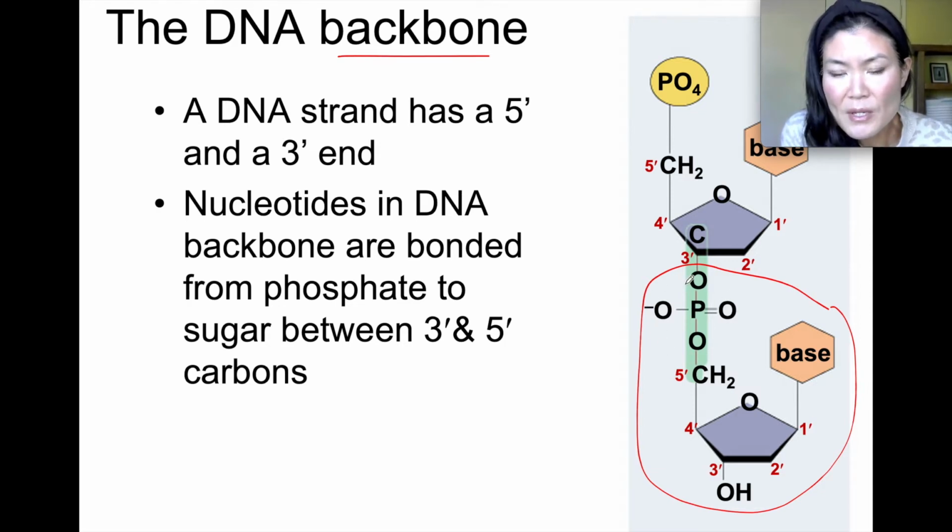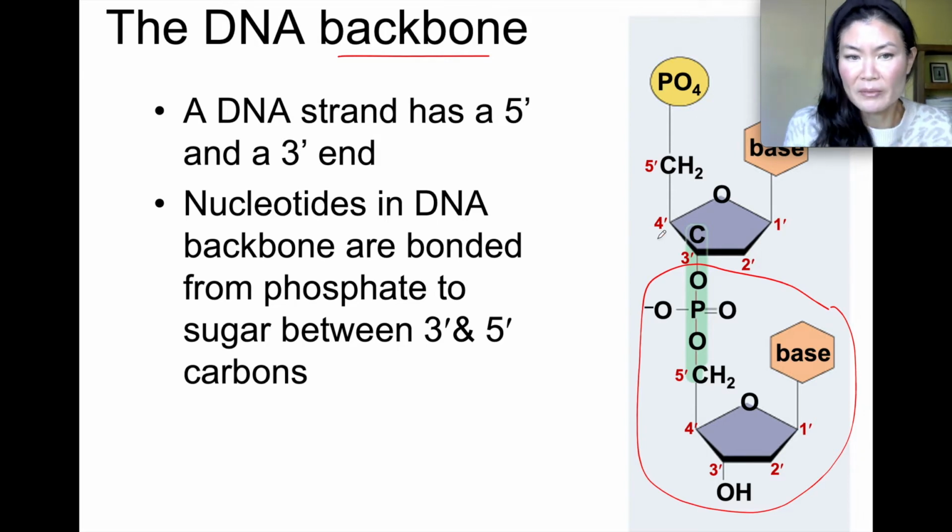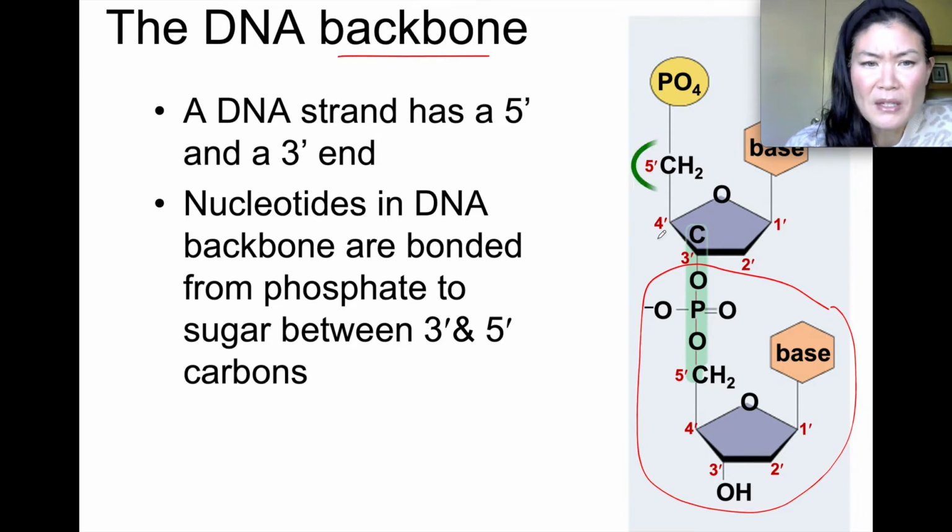That phosphate group is attached to the nucleotide above it, or in front of it, at the 3' carbon of that other nucleotide. And then its phosphate group is attached to its 5' carbon. So that's what makes up the backbone.